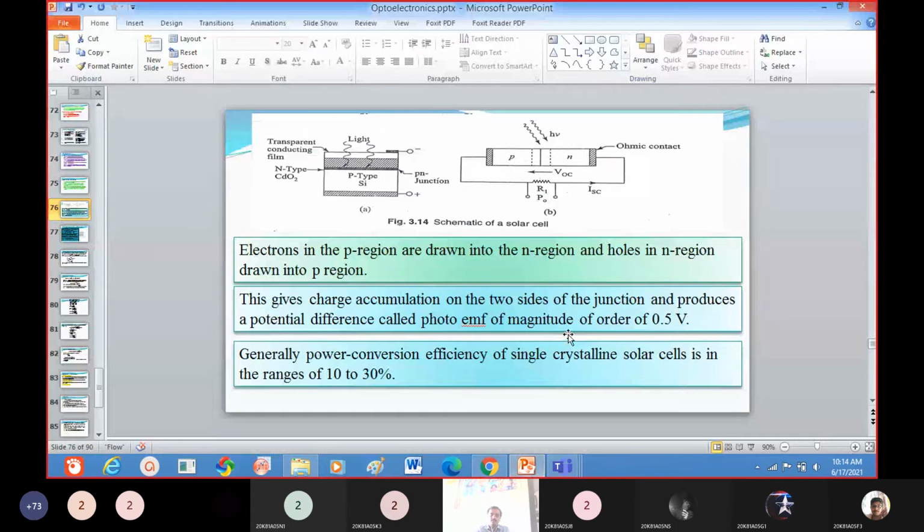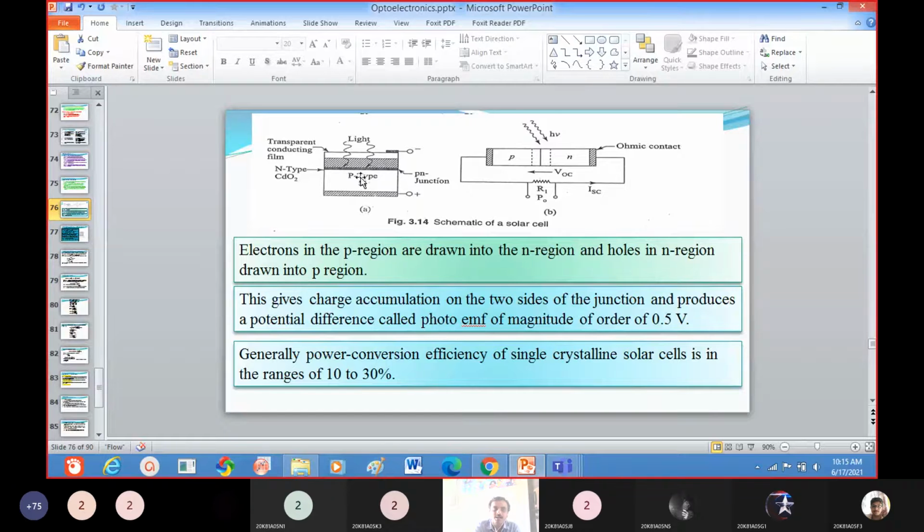In the last class we discussed the construction. Initially we take either N-type material or P-type material, and on that we grow the other type by doping.